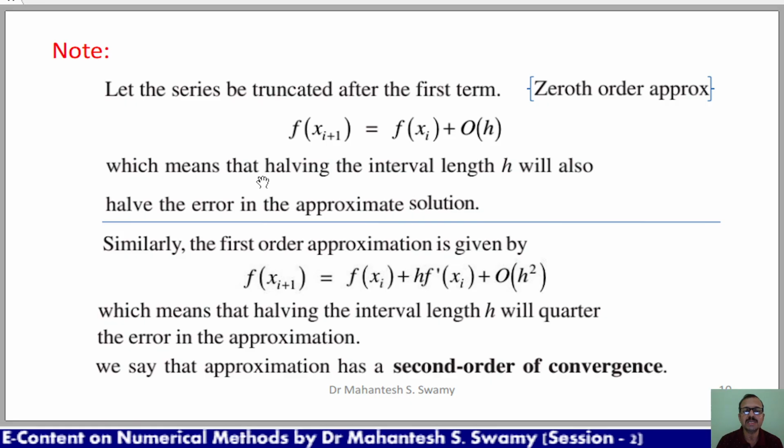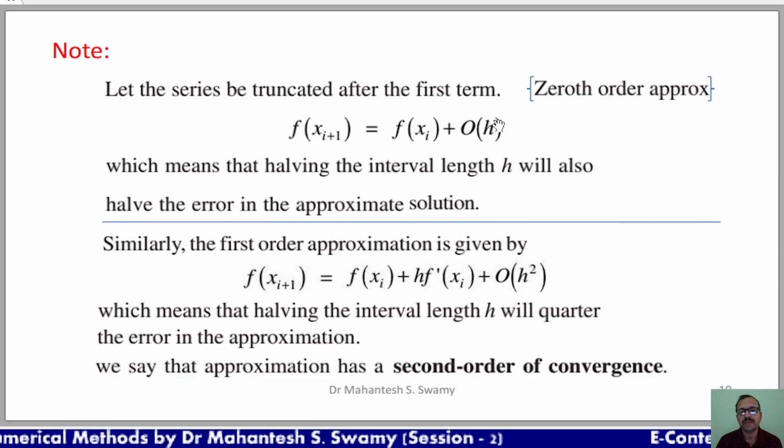What it means is, if you halve the interval length, h will also halve, and the error in the approximate solution will also halve, because it is of order h to the power of 1. If h is 1 by 2, then the error in the approximate solution will also be of the order of 1 by 2. Whereas you look at this particular situation, which is the first order approximation.